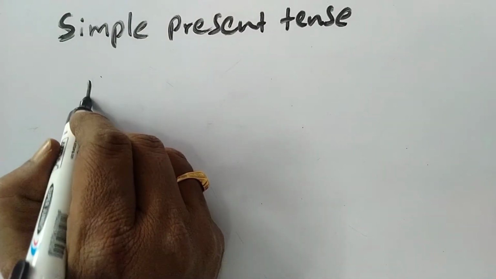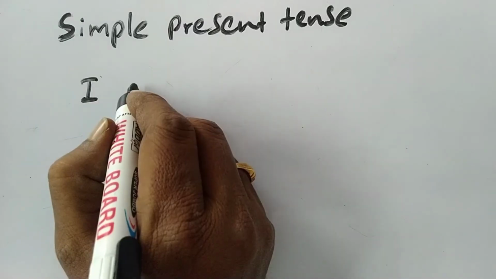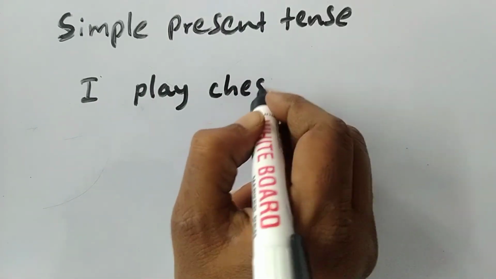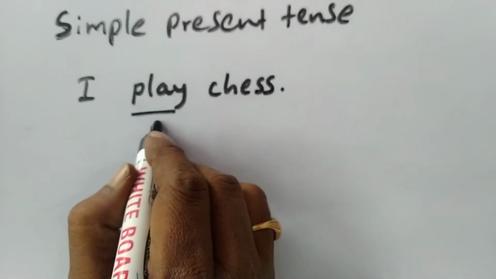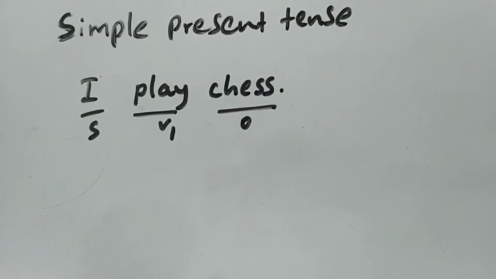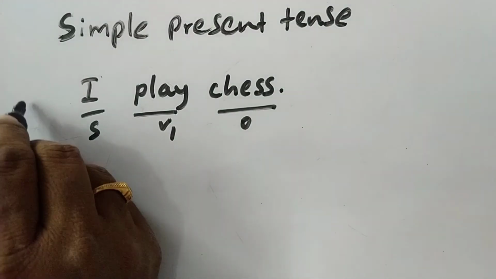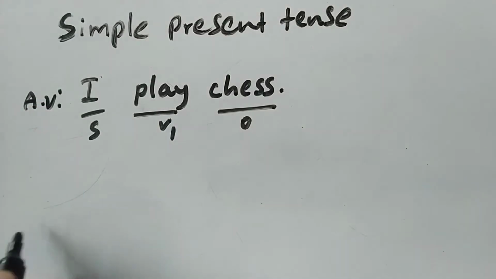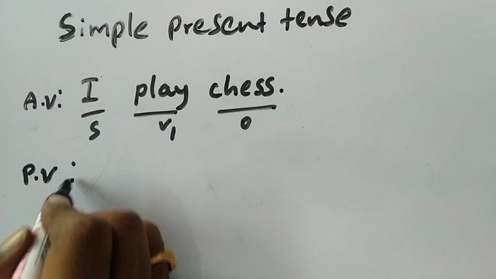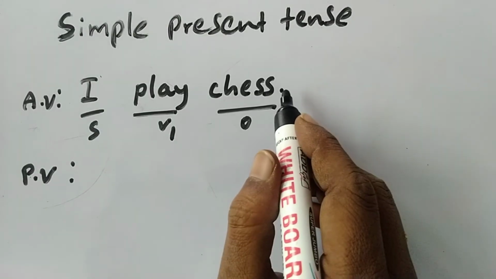I play chess. Here this is V1, subject, object. I play chess is given in the active voice. Now we have to change into passive voice. According to the rules, object becomes subject.